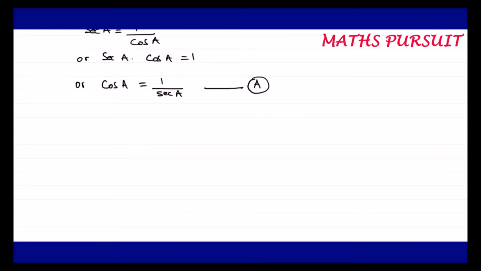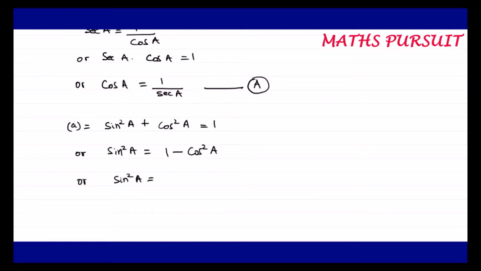So guys, we know the important identities. The identity we discussed above: sin square A plus cos square A is equal to 1, or I can write sin square A is equal to 1 minus cos square A. Or I can write sin square A is equal to 1 minus 1 upon sec square A. How?